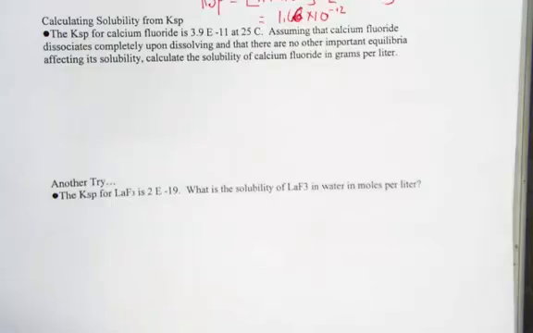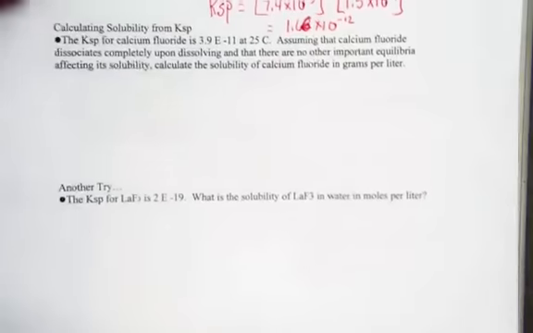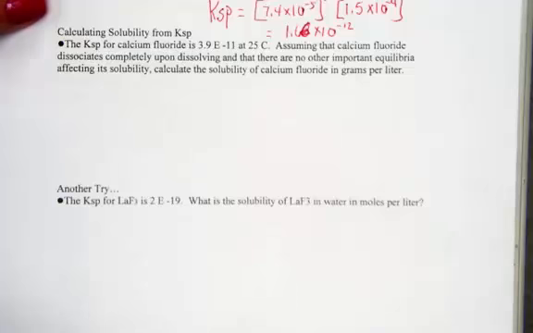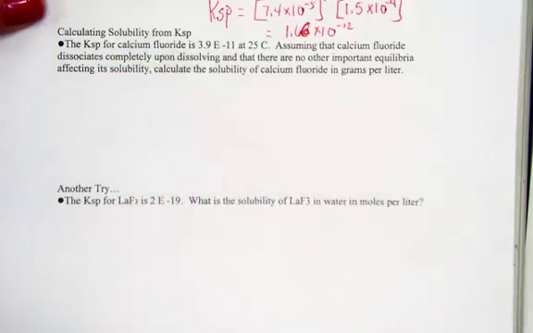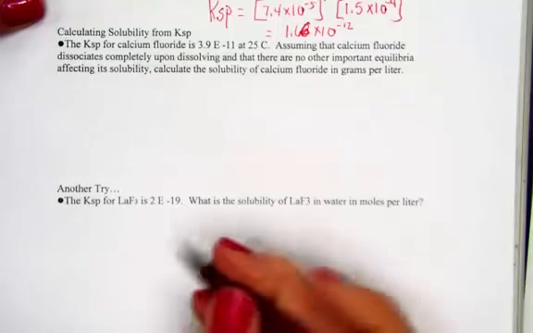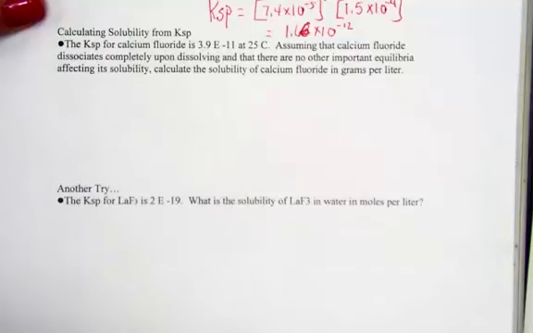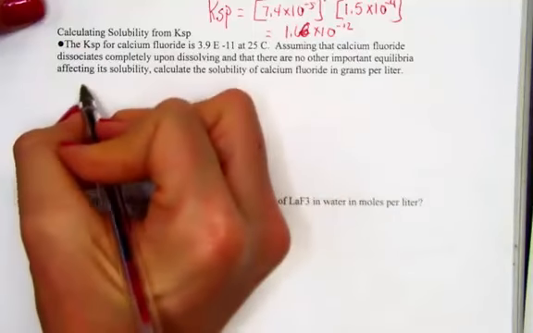Suppose we are being asked to calculate solubility from KSP. Solubility is telling us how much dissolves. KSP is the equilibrium constant. So let's take a peek here. We have a KSP for calcium fluoride of 3.9 times 10 to the negative 11th at 25 degrees. I'll just reread that first sentence.